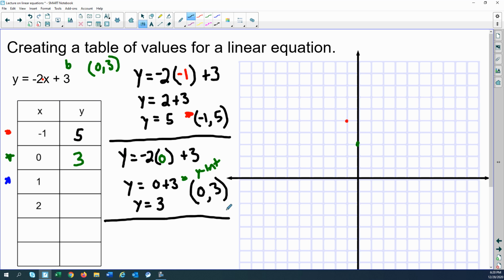Okay, so hopefully you've tried now. So we're trying with 1. So y equals negative 2 times 1 plus 3. So y equals negative 2 plus 3.